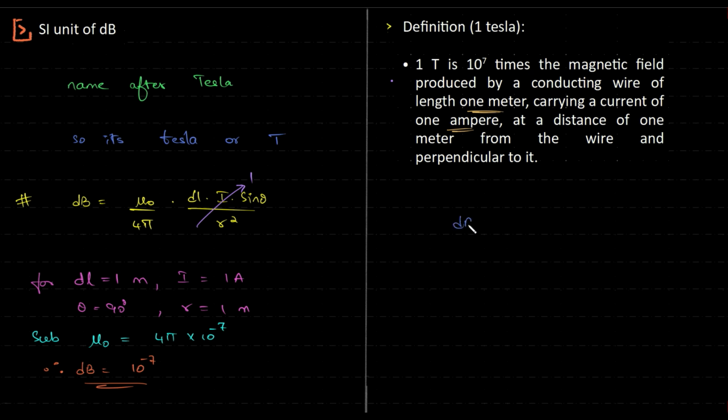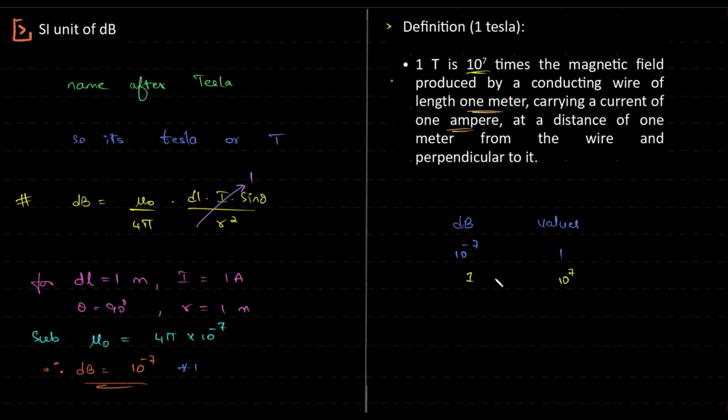So we have dB and here some value, right? Basically, if I multiply this value with 1, dB is 10 to the power of minus 7. If I multiply this value with 10 to the power of 7, dB will be 1. Is it not? So this constant is what we are talking about over here.